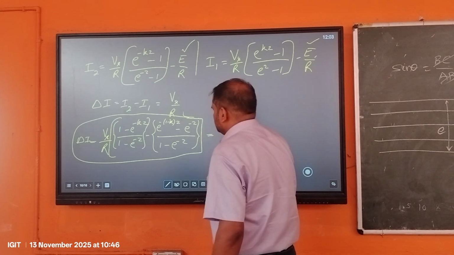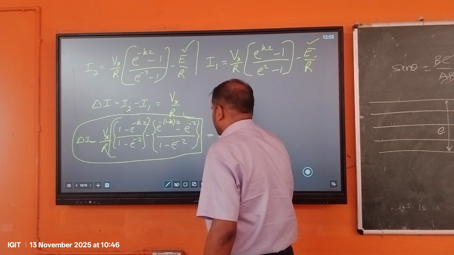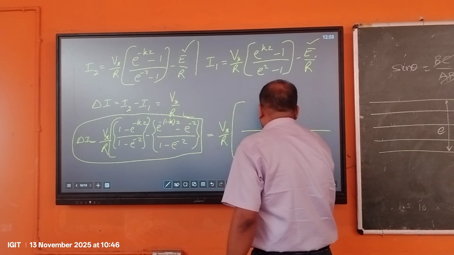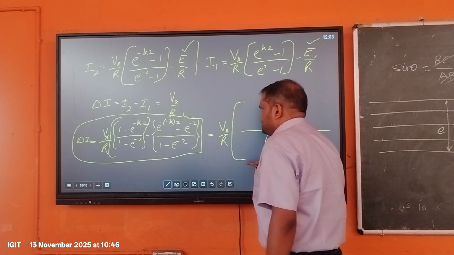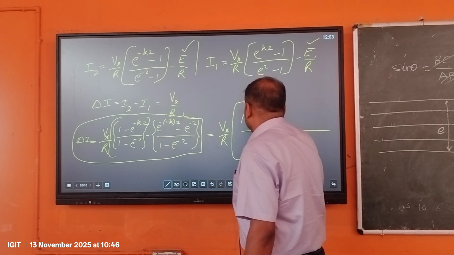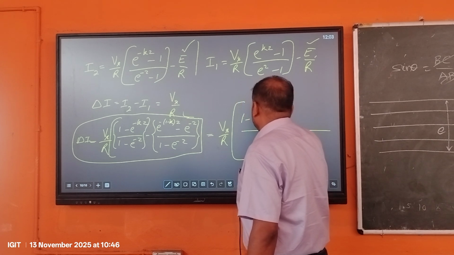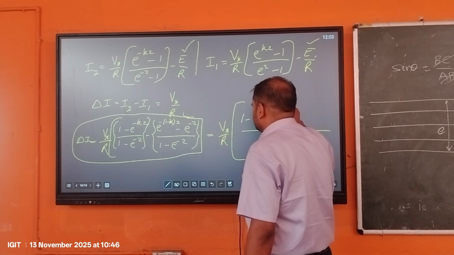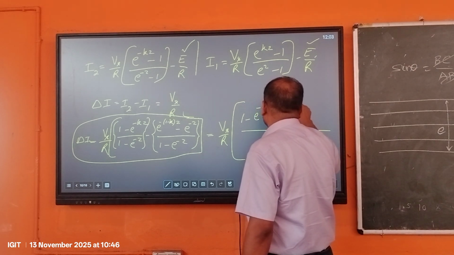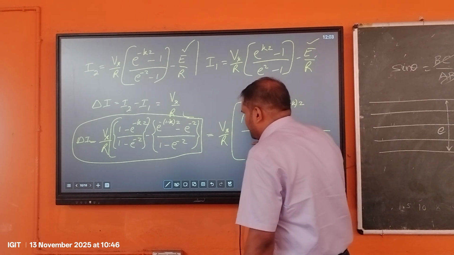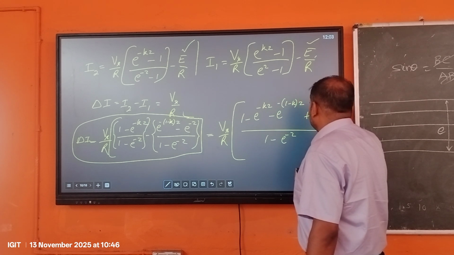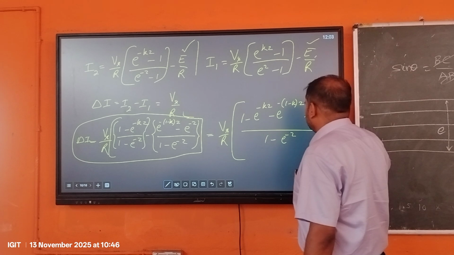This will be equal to Vs by R, 1 minus e to the power minus z, 1 minus e to the power minus kz, minus e to the power minus 1 minus k times z, then plus e to the power minus z.